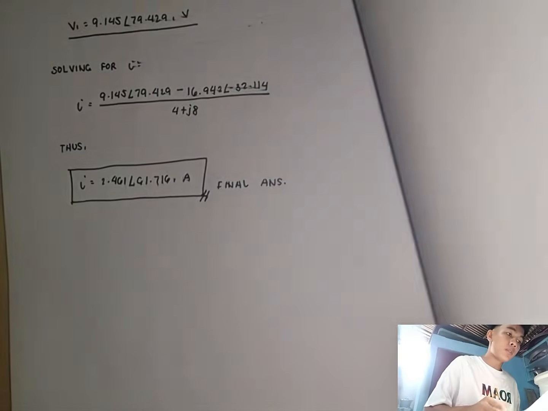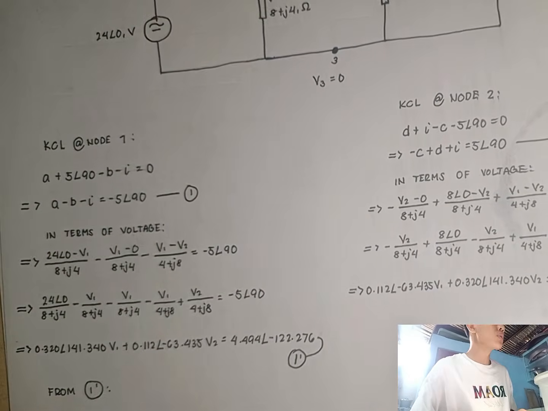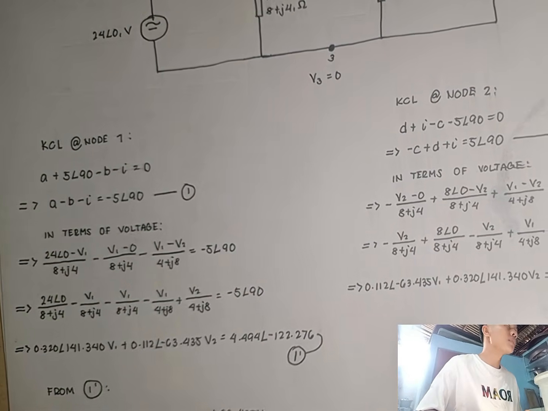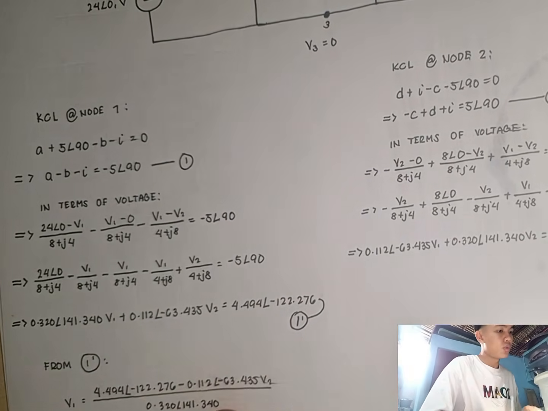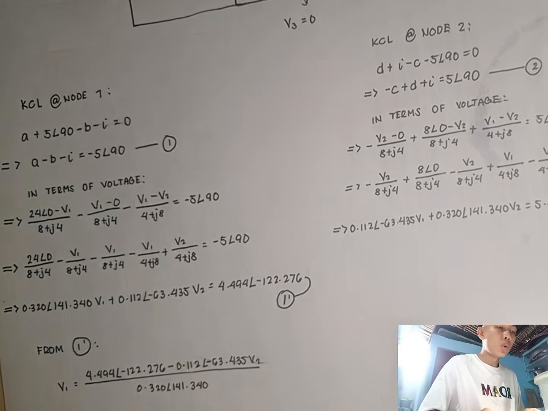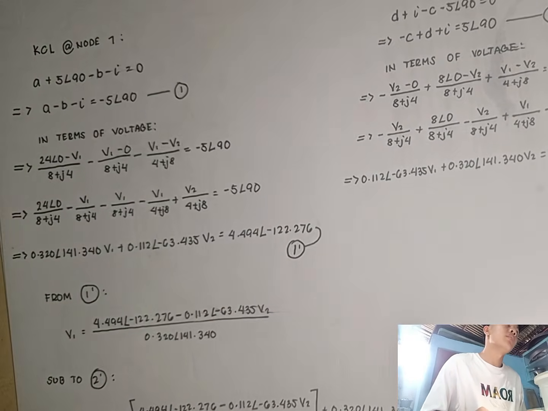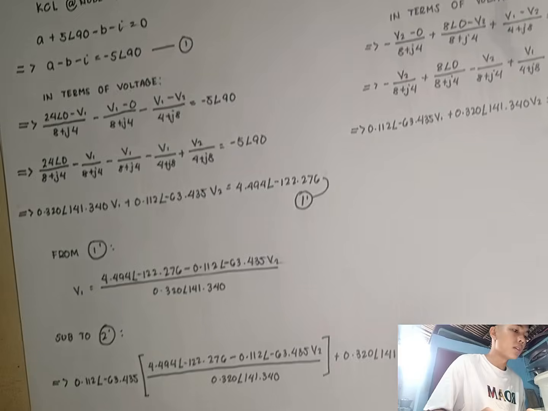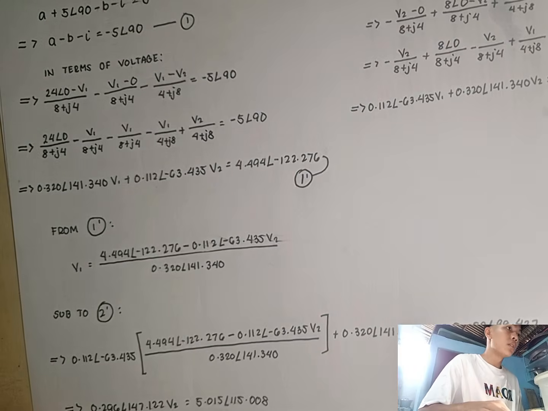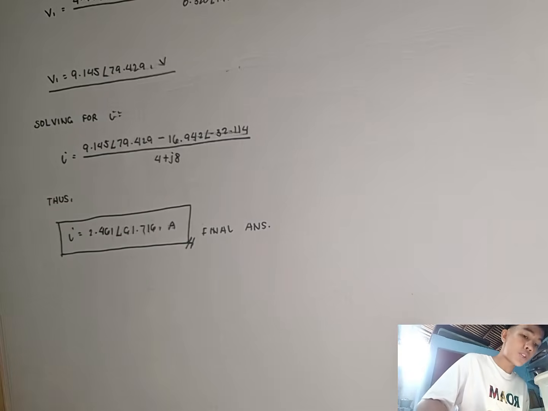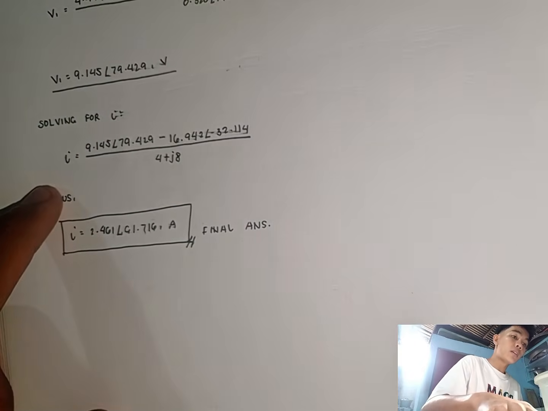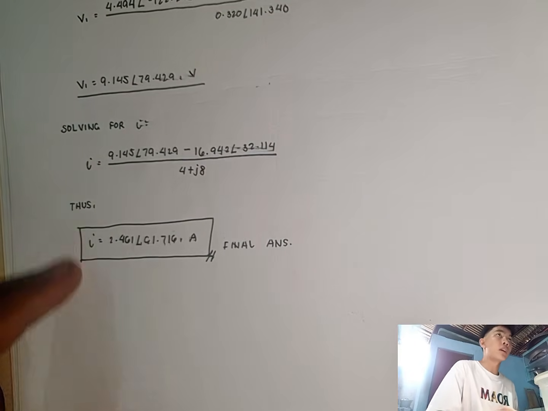Then, simplifying further, we obtain expressions with variables of voltages. After obtaining these expressions, we use our algebra skills to find the values of the voltage variables, and after obtaining the voltages, we finally meet the final requirement.